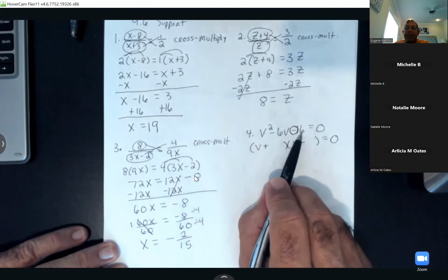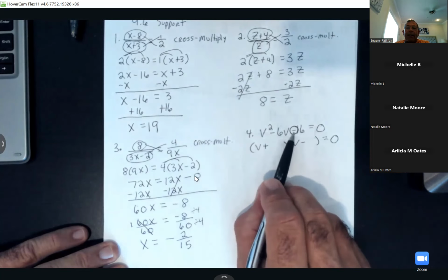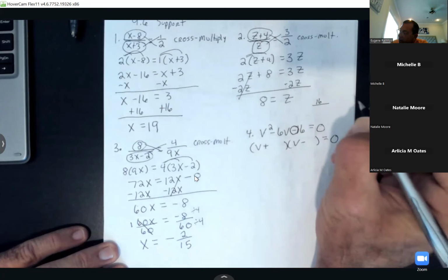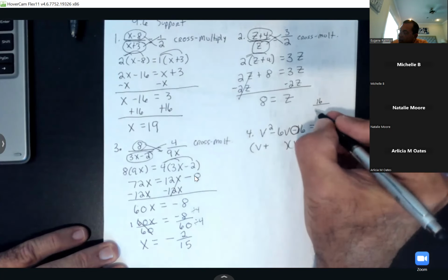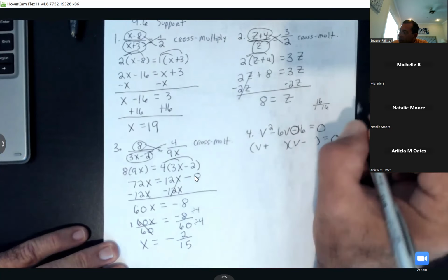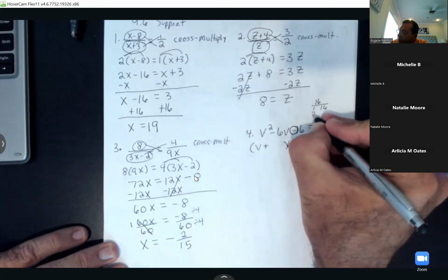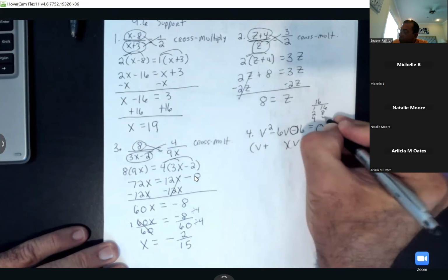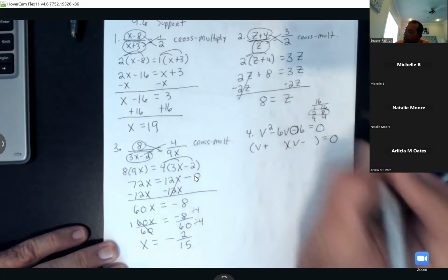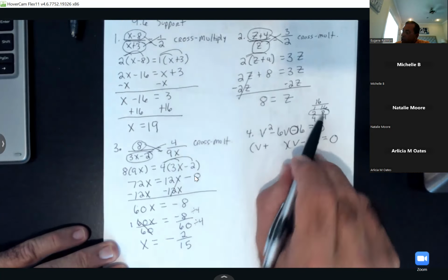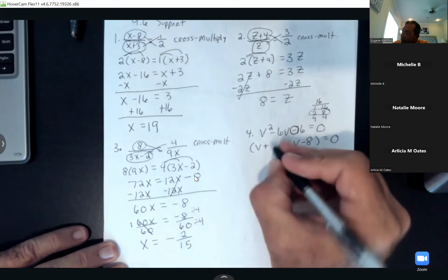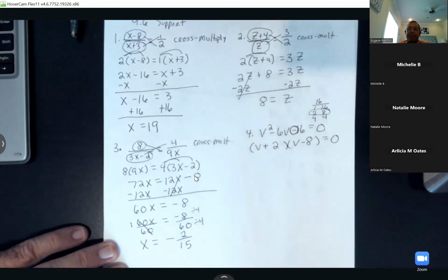So I need factors of 16 that'll subtract and get me a 6. So let's see, what's factors of 16? 1 and 16, 4 and 4, but oh, what about 2 and 8? The ones that'll give you a 6 are 8 and 2. The 8's larger, so it's negative like the middle number. So you got a -8, +2.